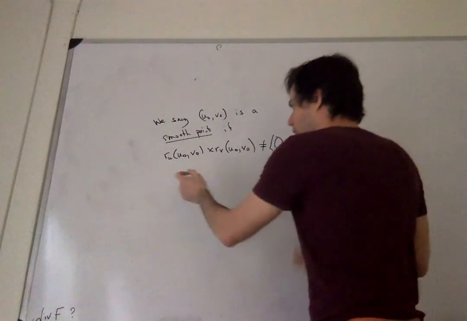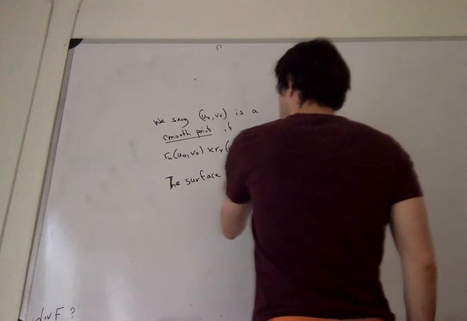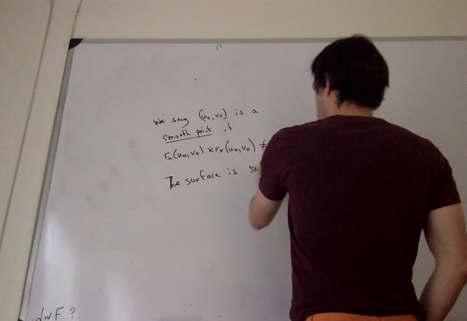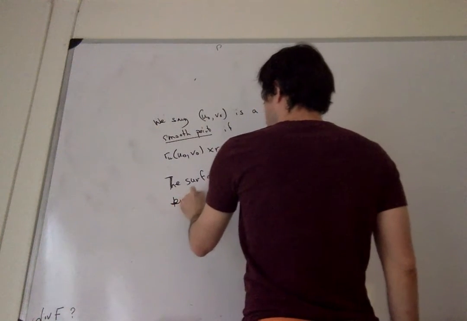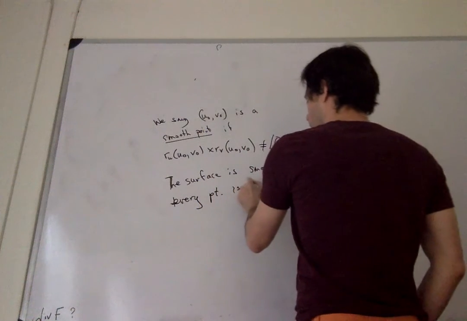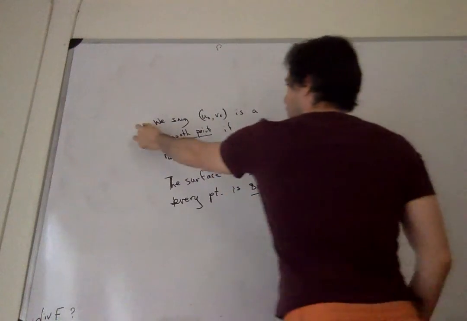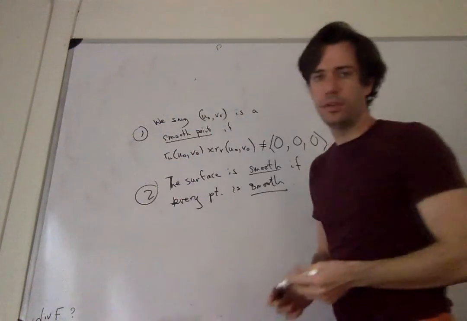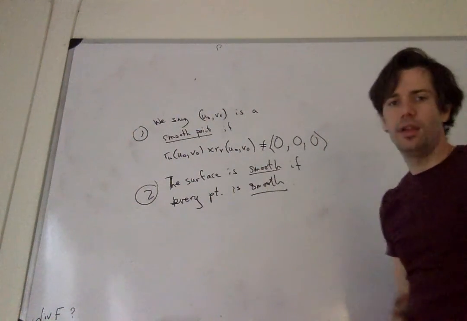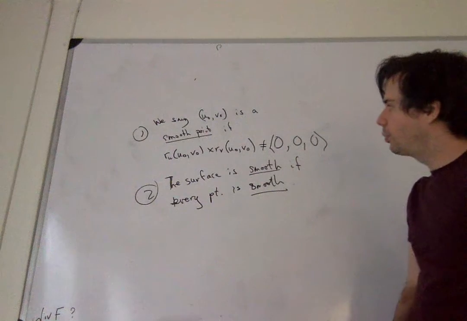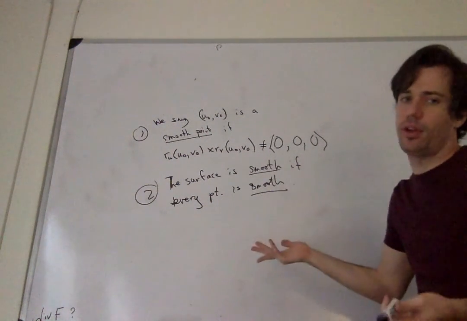So the surface is smooth if every point is smooth. So a point is smooth if at that point the cross product is non-zero, and the whole surface is smooth if every point is smooth.